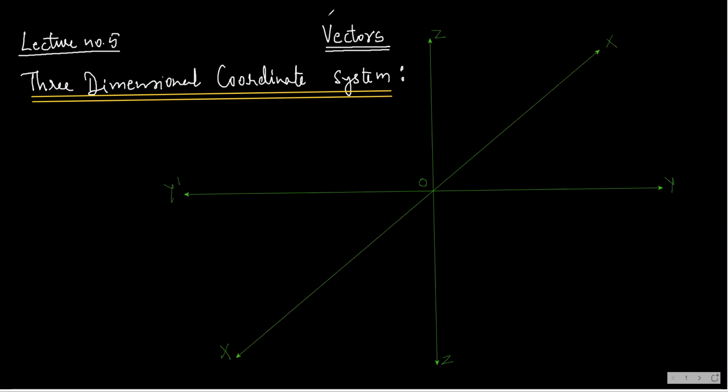The z axis is perpendicular to the x axis and y axis. The x and y axes are also perpendicular to each other.